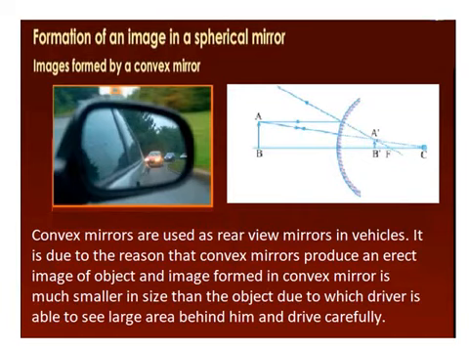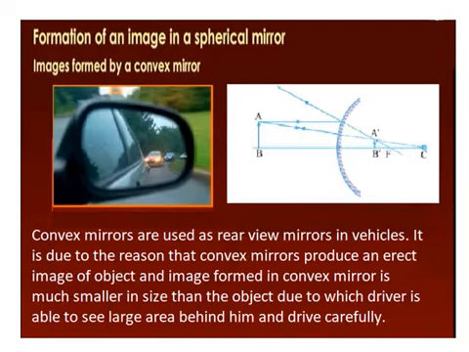Now we will apply that knowledge, the image formed by the concave mirror and convex mirror, in its applications. The applications of the spherical mirrors with the image formation are very, very important as far as the board questions are concerned.